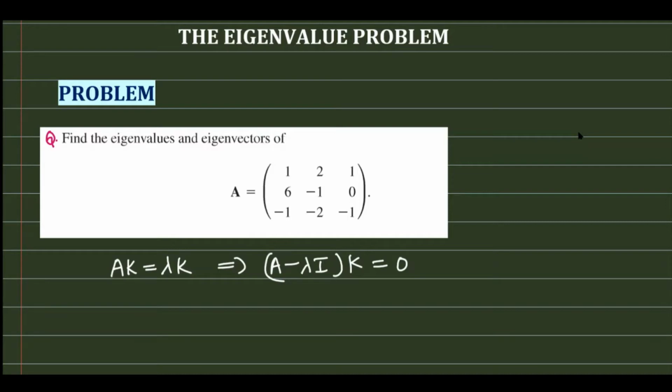So we will write the matrix A minus lambda I. So A minus lambda I is a 3 by 3 matrix. So we will get [1 minus lambda, 2, 1; 6, -1 minus lambda, 0; -1, -2, -1 minus lambda].